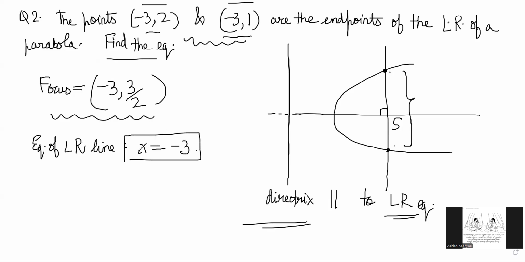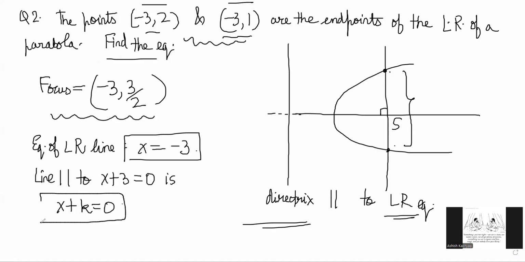So what is a line parallel to this line? A line parallel to x plus 3 equals 0 is going to be x plus k equals 0, right? This line parallel to the latus rectum will be our directrix. And now we have to find out the value of k, right?